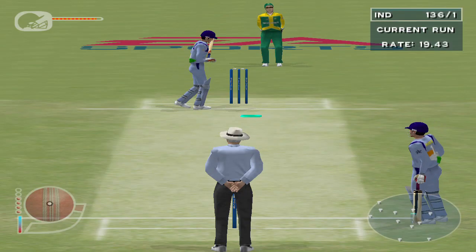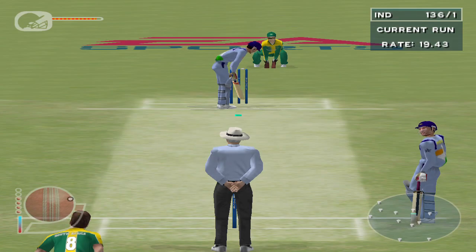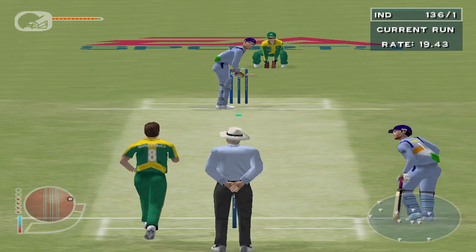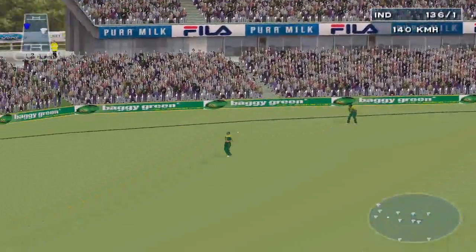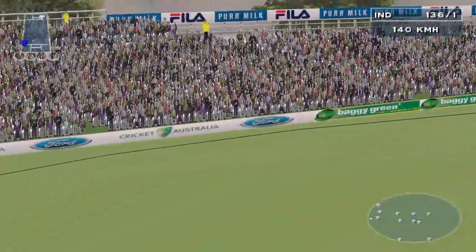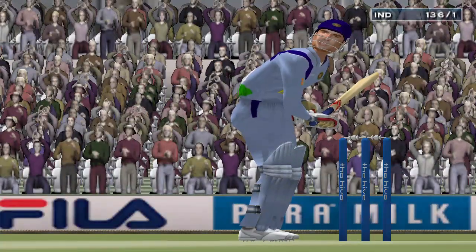Hall to bowl to Ganguly. The bowler doesn't look too happy about that one. Misfields are infuriating for a bowler. That's cleared the infield. India have taken their total on to 140.